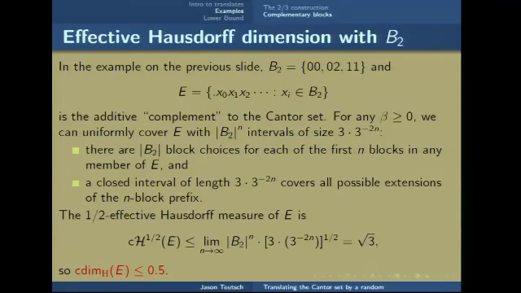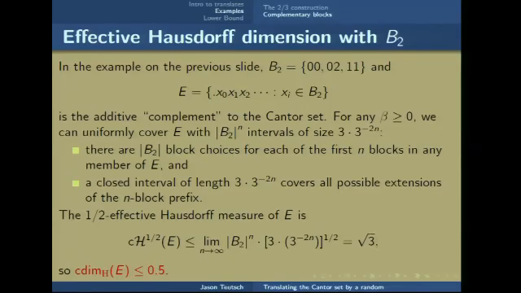So for any beta greater than 0, you can uniformly cover E with B2 to the n intervals of size 3 times 3 to the minus 2n. In fact, there are size B2 choices for each of the first n blocks of numbers in E. I'm just explaining why this is true. And the closed interval of length 3 times 3 to the minus 2n covers all possible extensions.